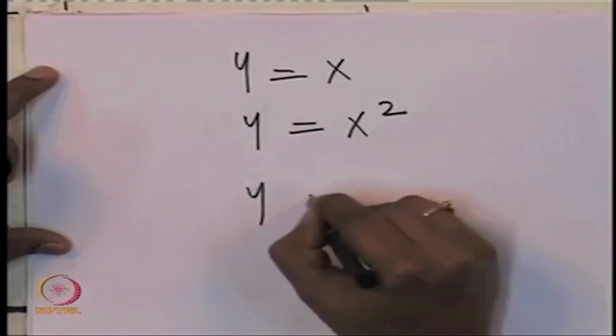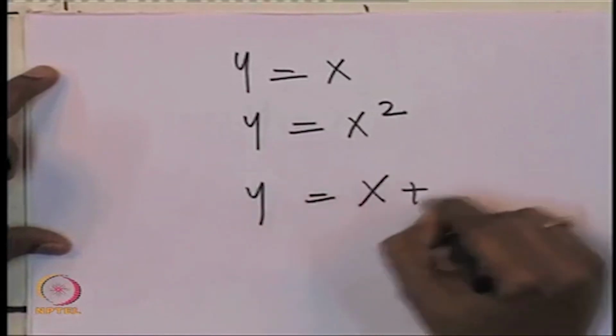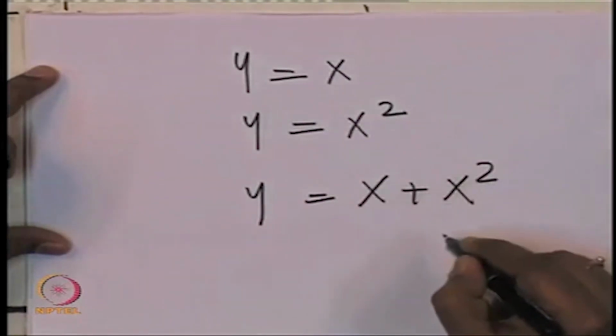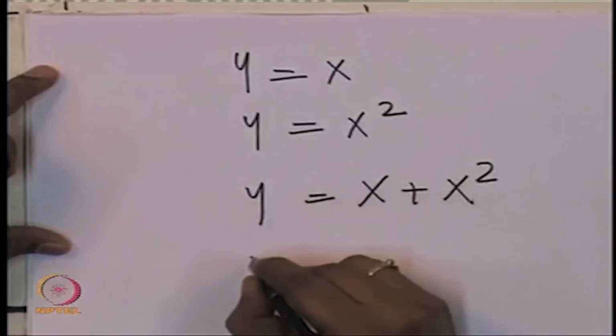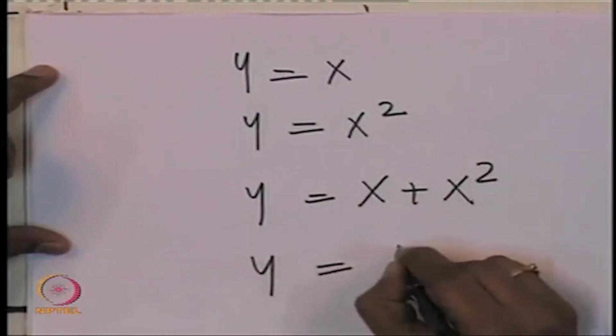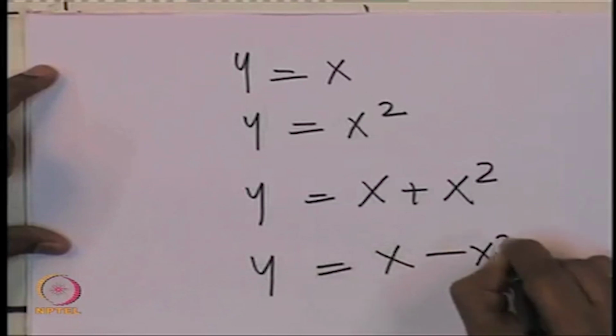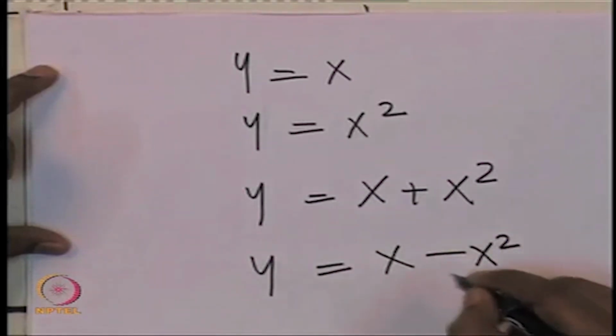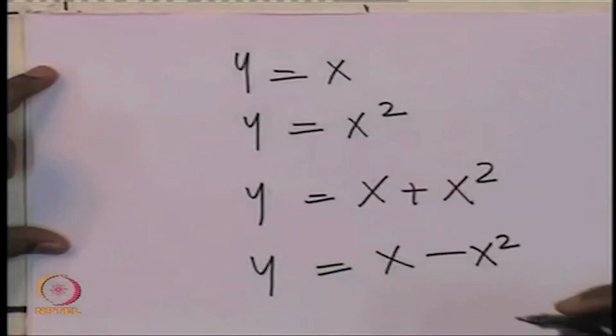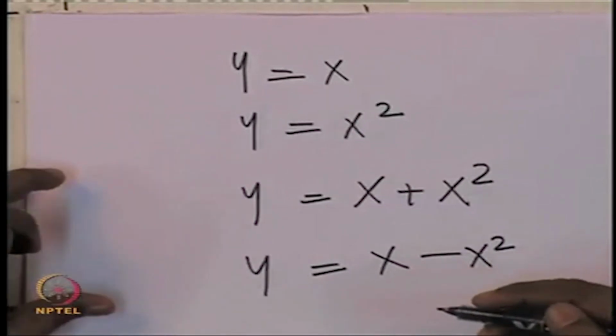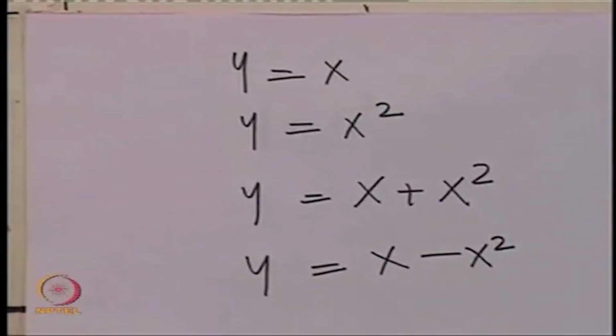You could think of a new function which is x plus x square. This is a different function. You could think of another function which is x minus x square. So, you can add and subtract these functions and you will get a new, different function.